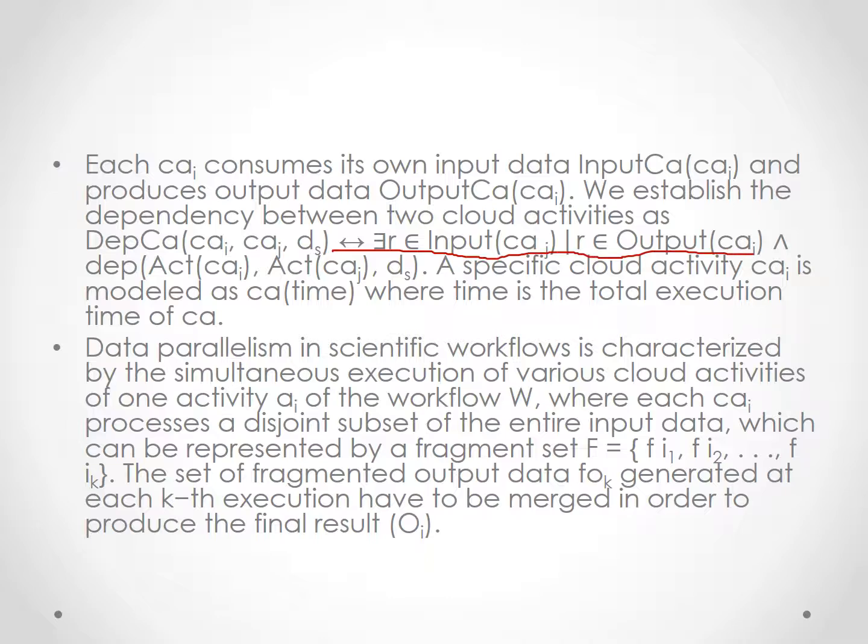A specific cloud activity CAi is modeled as CA(time), where time is the total execution time of the cloud activity. Data parallelism in scientific workflows is characterized by the simultaneous execution of various cloud activities of one activity Ai of the workflow W, where each cloud activity processes a disjoint subset of the entire input data, which can be represented by a fragment set F, Fi1, Fi2 to Fik.